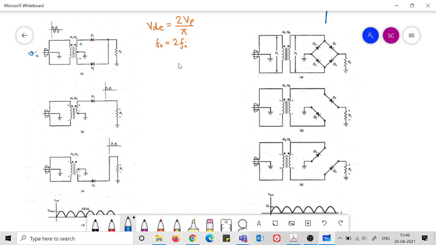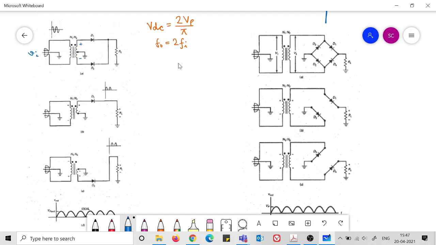So this is forward bias. But what about this diode D2? Here this side, which is more positive, comes to this end through this resistor. So here it is more positive, here it is negative. So this is reverse bias.